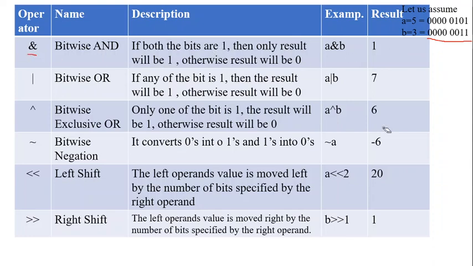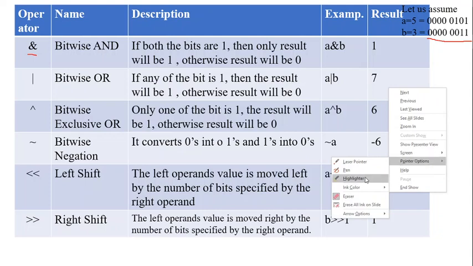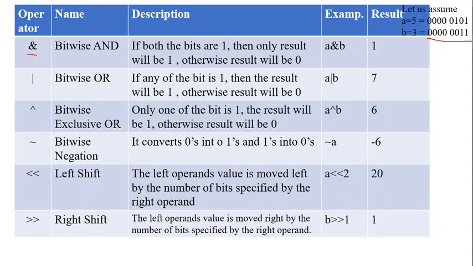Now you see bitwise OR. In the bitwise OR, if any one of them is 1 or both of them are 1s, then the result will be 1. Otherwise the result will be 0. So all 4 zeros, so all zeros. 0 0 means 0. 1 0, the result will be 1. 1 or 0, the result will be 1. 0 or 1, the result will be 1. 1 1, the result will be 1.